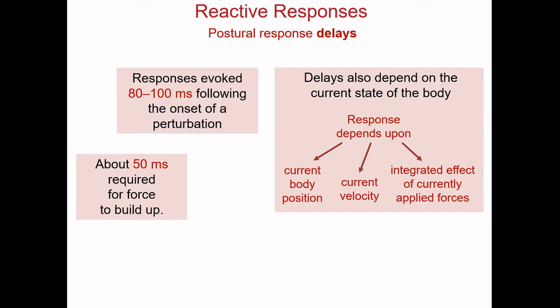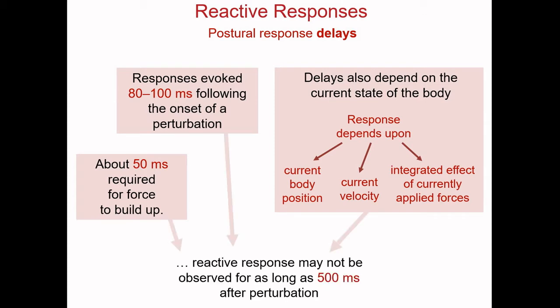Specifically, the ability to organize an action that can effectively counteract the effect of a postural disturbance depends upon the current posture of the body, the current velocity of body motion, and the integrated effects of the forces that are currently applied to the body. All of these different sources of delay can mean that a reactive response may not be observed for as long as 500 milliseconds after a perturbation.